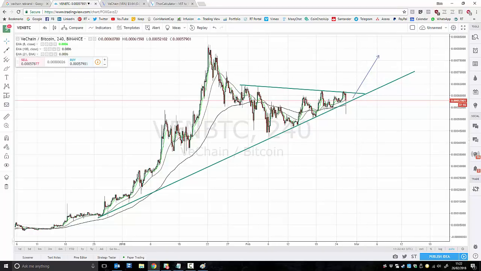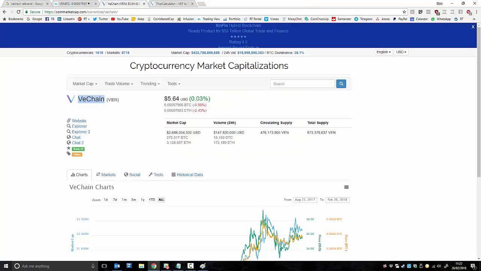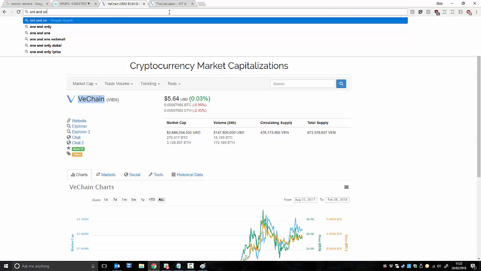The other one is Ontology. So Ontology hasn't launched yet. But basically, it's going to be another big boy, and just like NEO, it will have ONT and ONG. So it will be spitting out ONT and ONG.